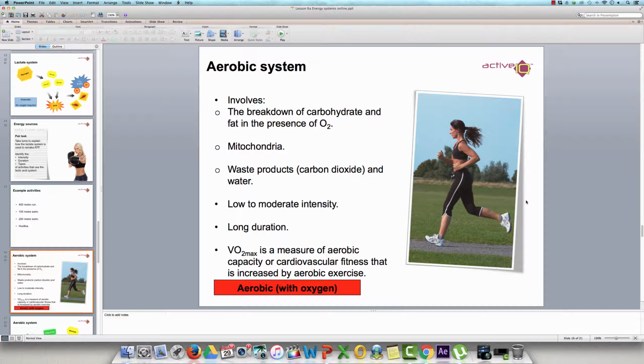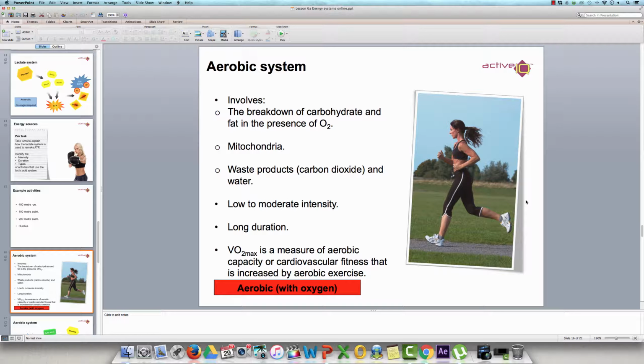And the waste product in this system is carbon dioxide, because, as we all know, when we breathe, we take in oxygen and we give out carbon dioxide as a waste product. If we want to measure how well our aerobic system is working, we have something called VO2 max, which is essentially the maximum capacity that your lungs can work at, and that's the way that we measure how fit someone is.